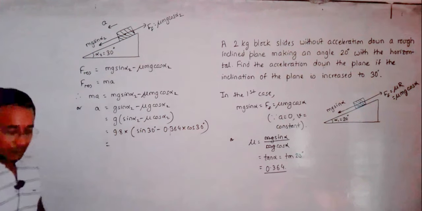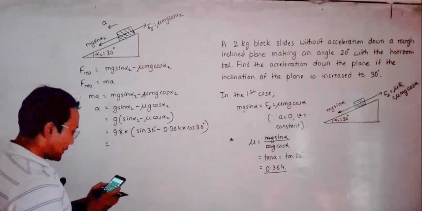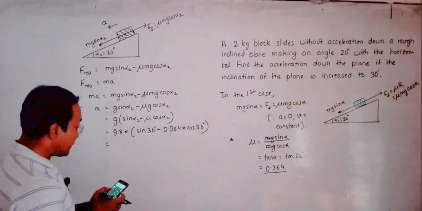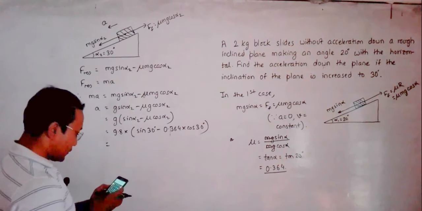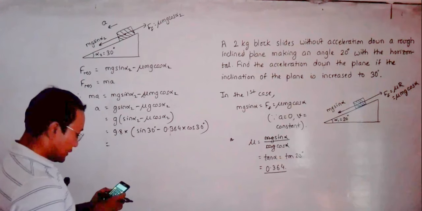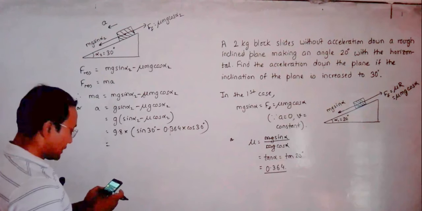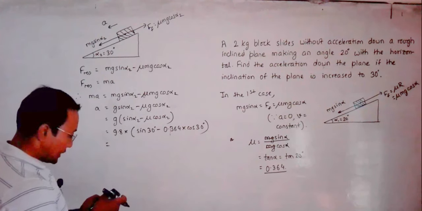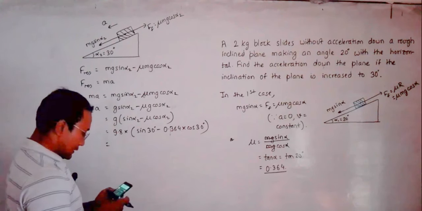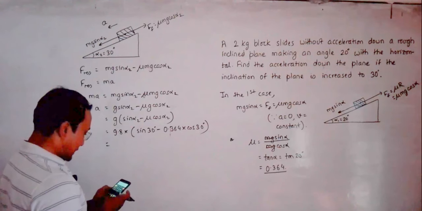When I calculate it in the calculator, sine 30 is 0.5, so 0.5 minus 0.364 into cos 30, multiplied by 9.8.